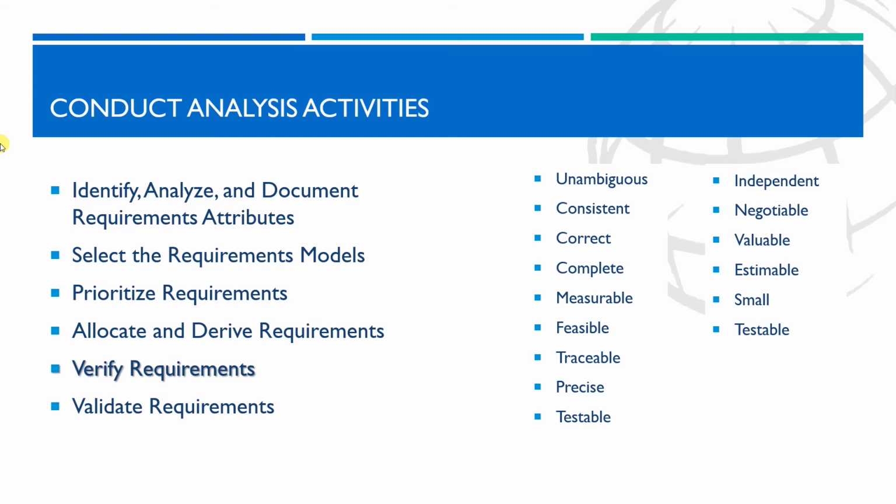Since it may not be feasible to implement all requirements within the project constraints, prioritization helps to focus the stakeholders on the most critical requirements based on the prioritization criteria.